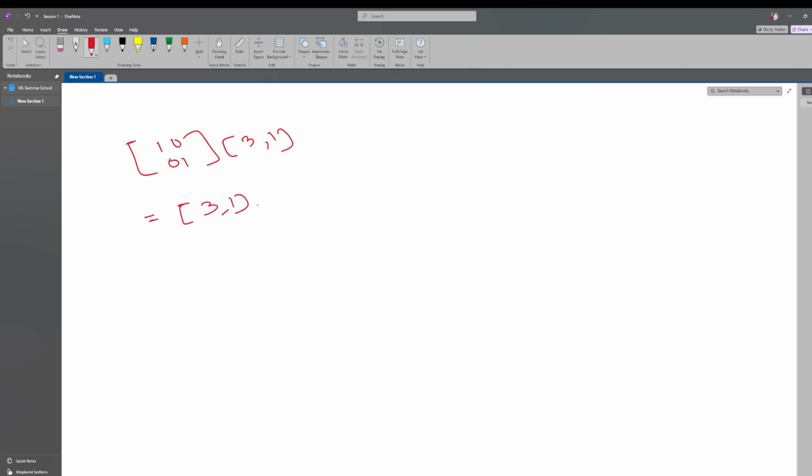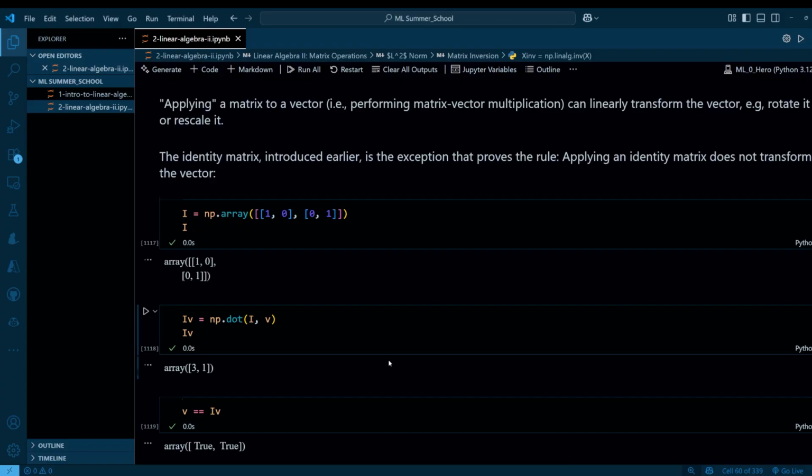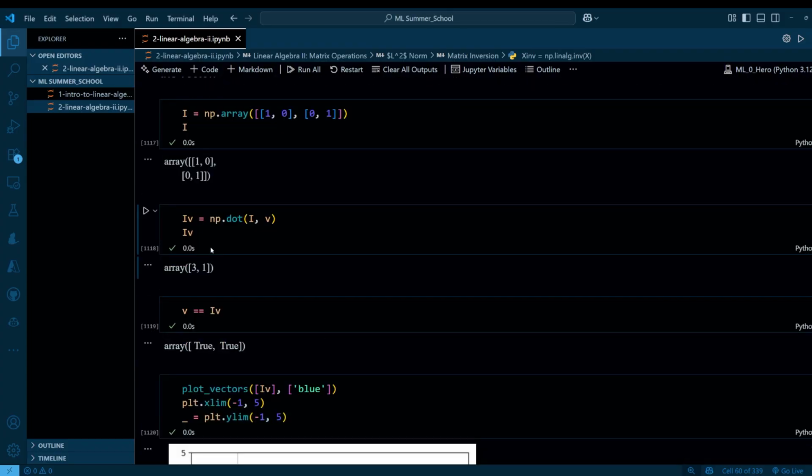We have seen the vector in the code, 3, 1. If we now multiply this vector with the identity matrix, it does not change. It remains in the same position. After multiplication it's still 3, 1.